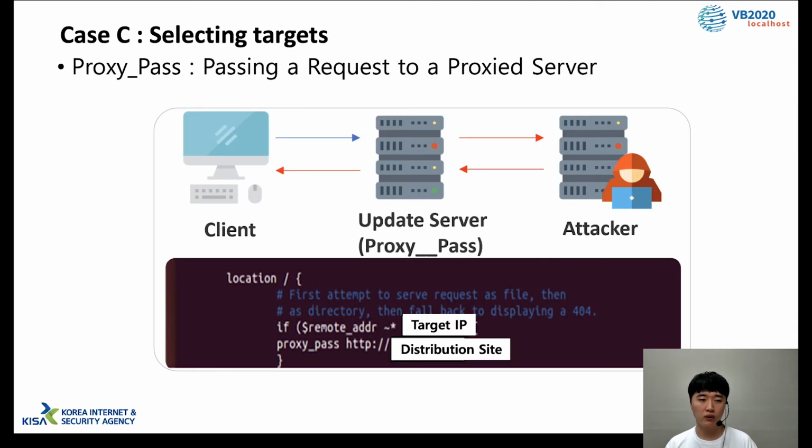They used the PlugX path of Nginx to select the targets for the attack. Using this function, the attacker can redirect to a malicious distribution site when a customer IP in the PlugX path is trying to update software.